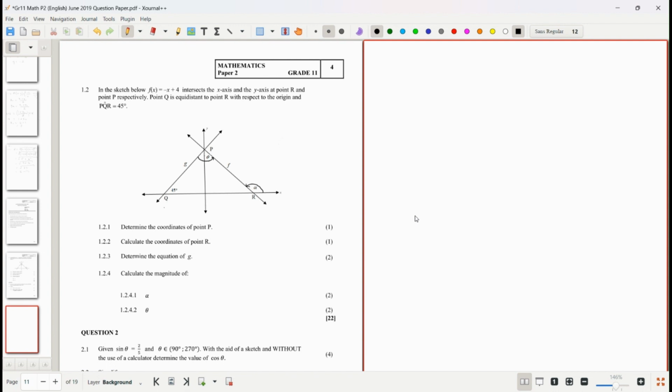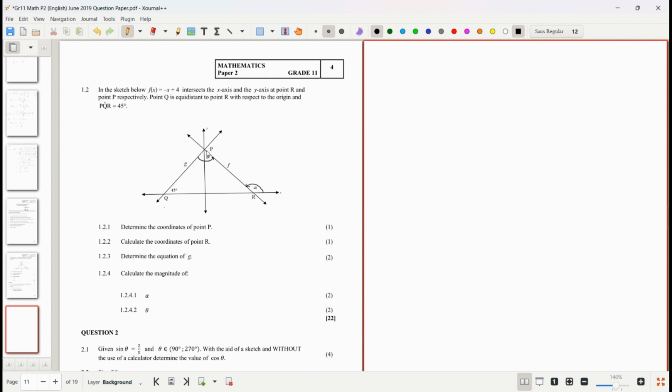Point Q is equidistant from point R with respect to the origin. So angle PQR equals 45 degrees.